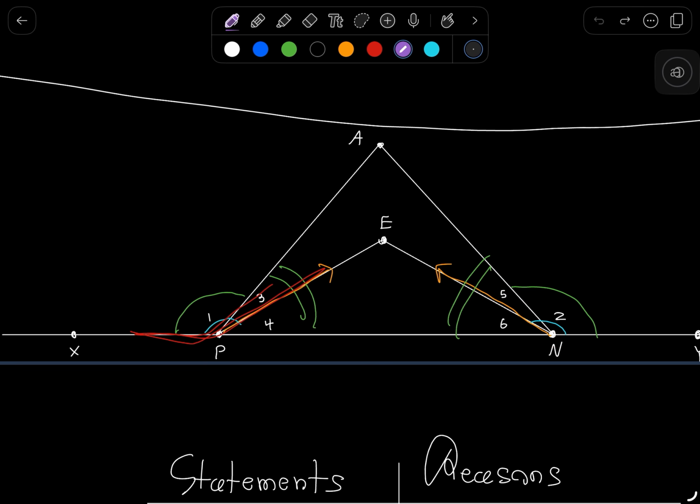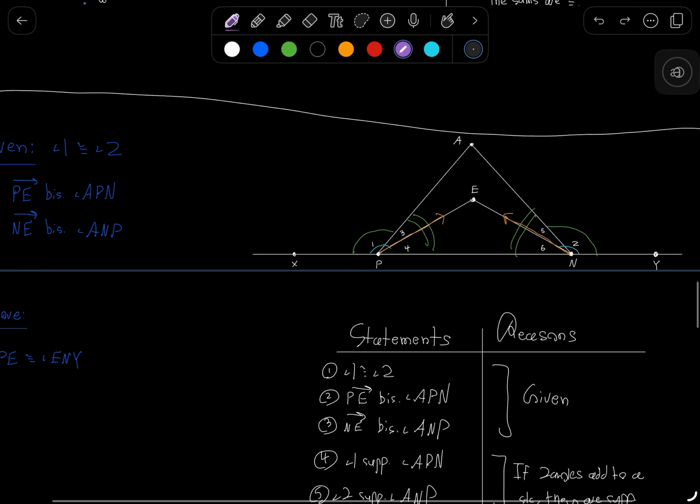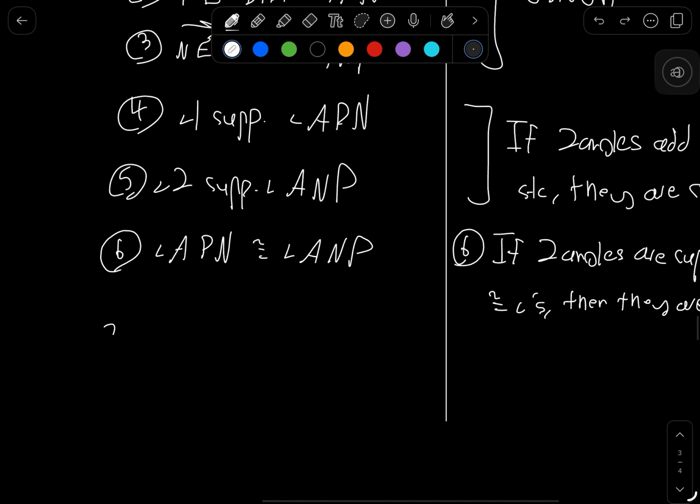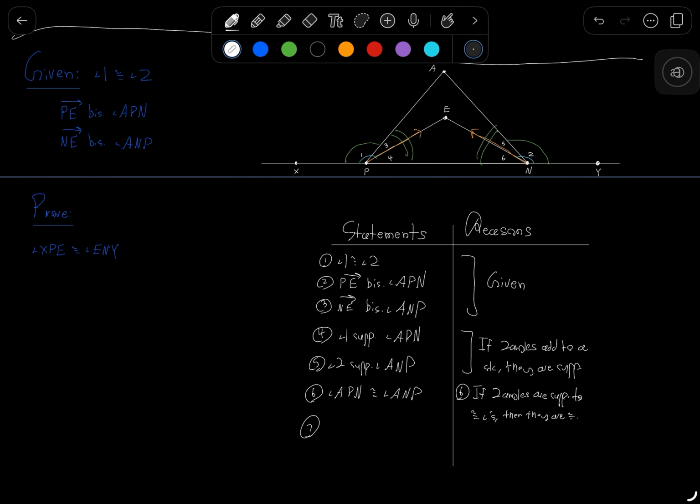Because here we have two bisectors, and we have that the entire angles here are congruent. So we can use the division property. So once again, you can say angle APE is congruent to ANE.